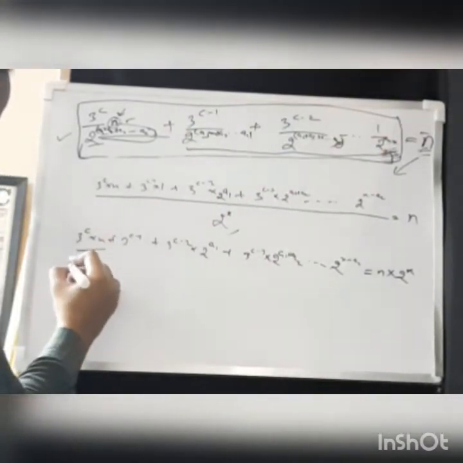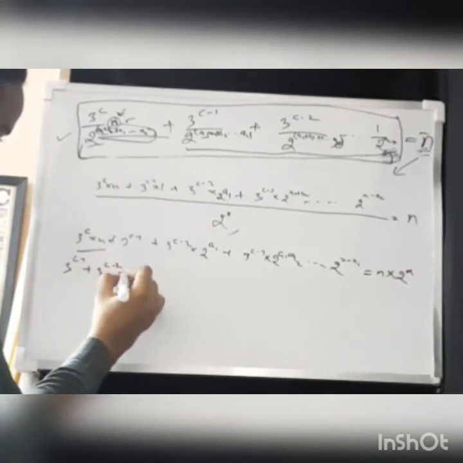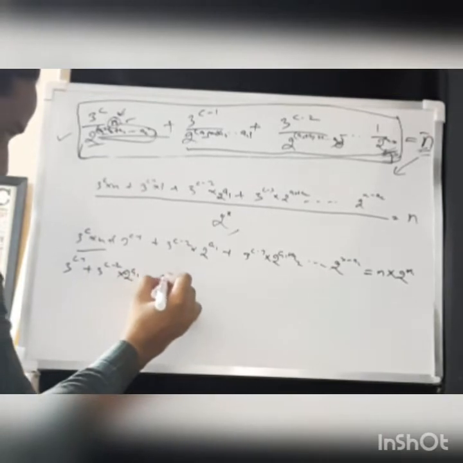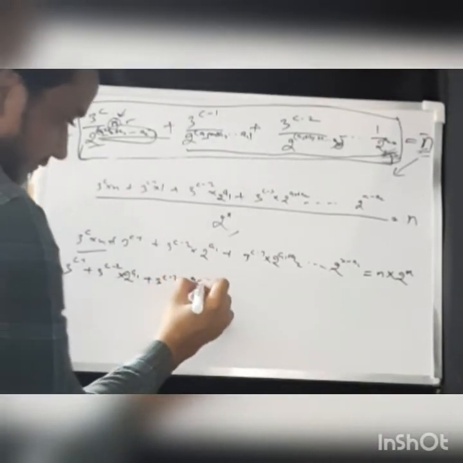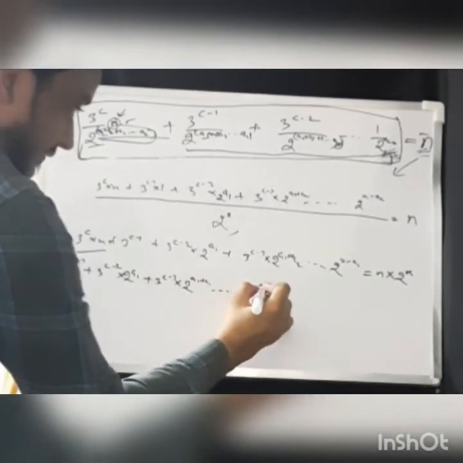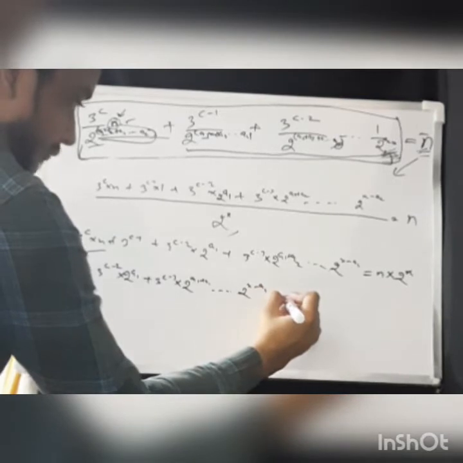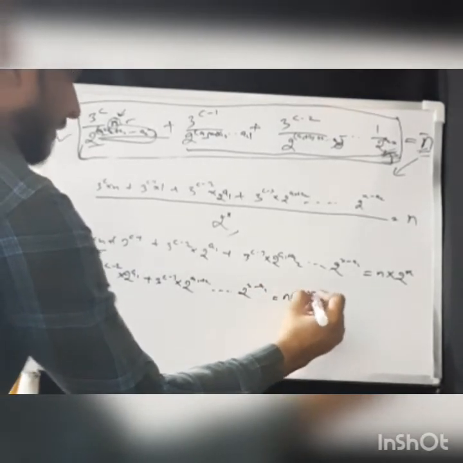And let's just say I am going to take this to the other side. I get 3 to the power c minus 1 plus 3 to the power c minus 2 into 2 to the power a1 plus 3 to the power c minus 3 into 2 to the power a1 plus a2, ... to the power x minus a1 is equal to n into 2 to the power x minus 3 to the power c.